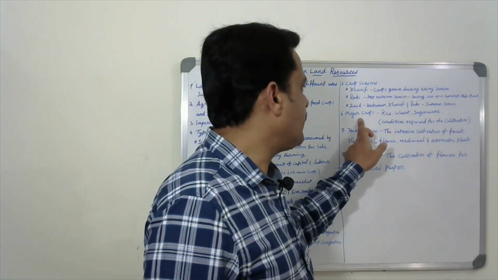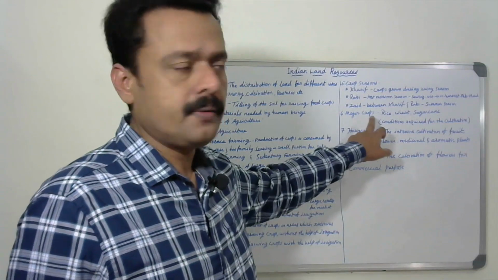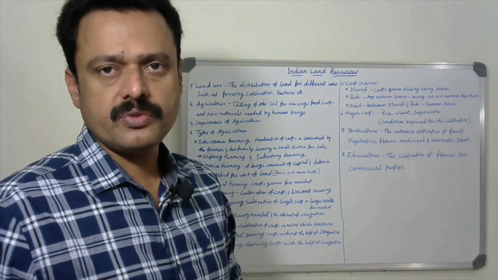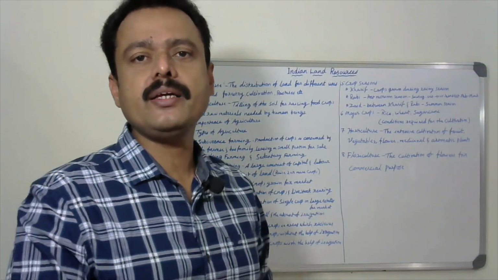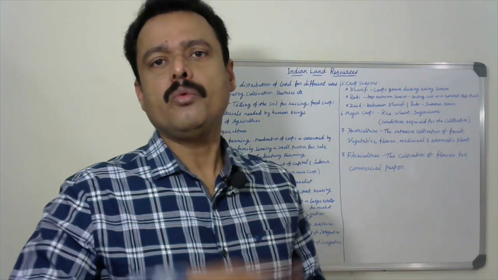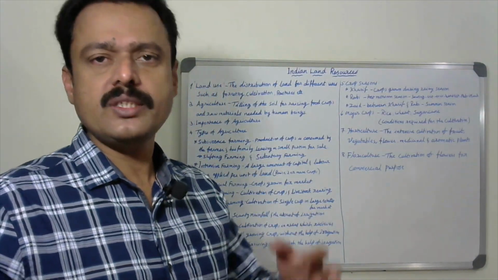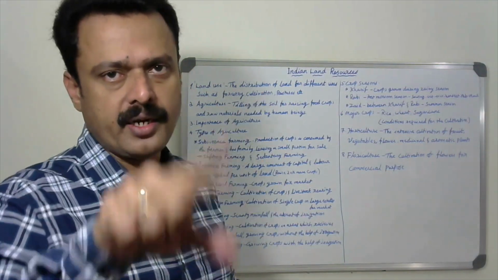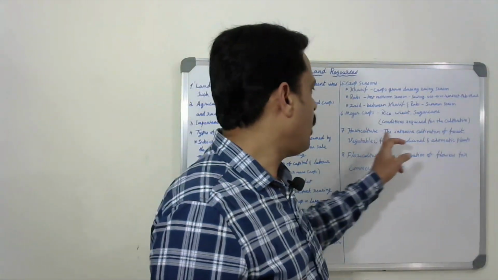And major crops. Here, they will ask what conditions are required for the cultivation of some crops, especially paddy, wheat and sugarcane, which you have to learn: how much temperature is necessary, which type of soil is necessary. This is important, and in my video I made a chart and gave everything. And horticulture, another one.